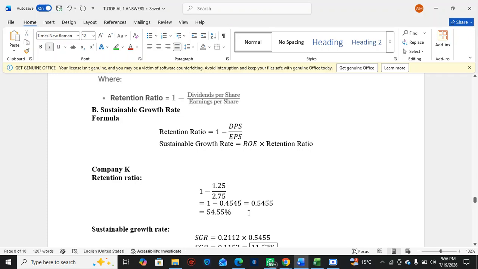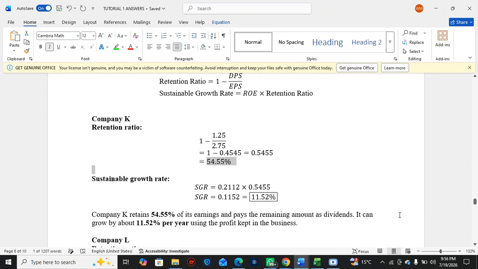This is telling us that when company K makes its profit, it keeps 54%, or if we round off, 55% of that profit. Then the remaining 45% is paid out as dividends. That's what this retention ratio is saying.